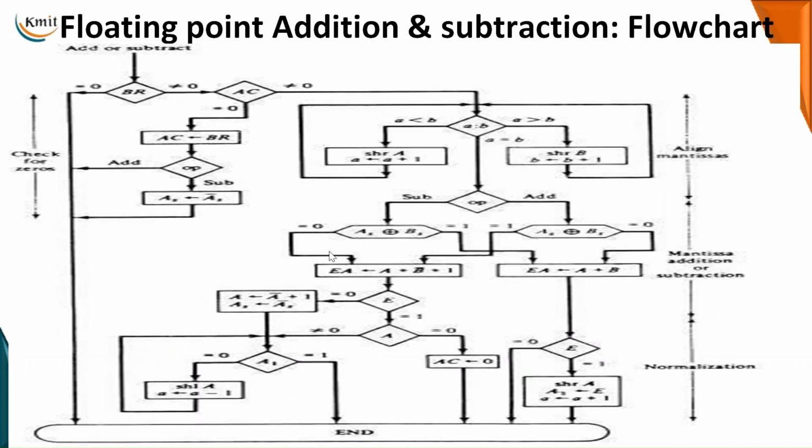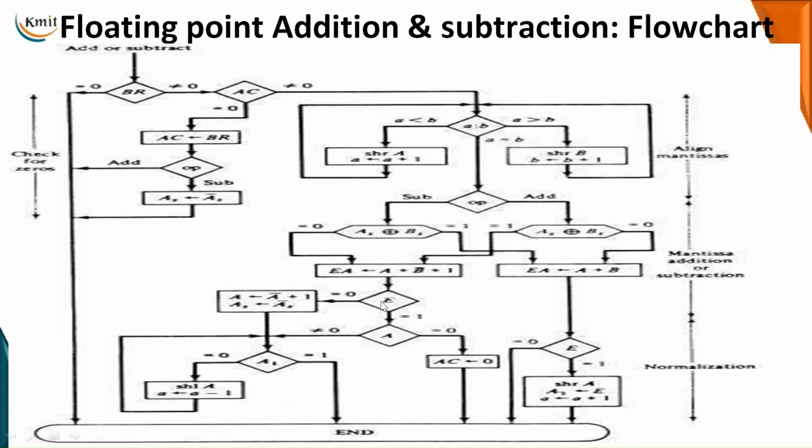So this is the overall flowchart of your floating point addition and subtraction, where this part will check for zeros. In this part we are aligning the mantissas by checking the exponents, and here you are going to perform an addition or a subtraction operation, which is just like your sign magnitude addition and subtraction.